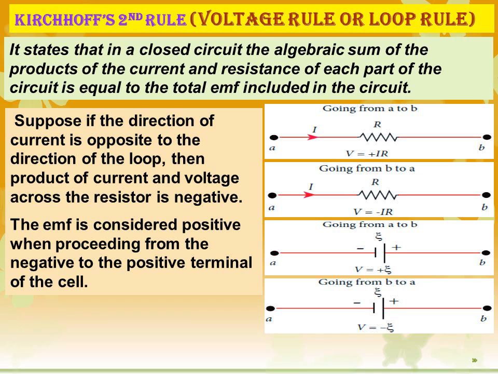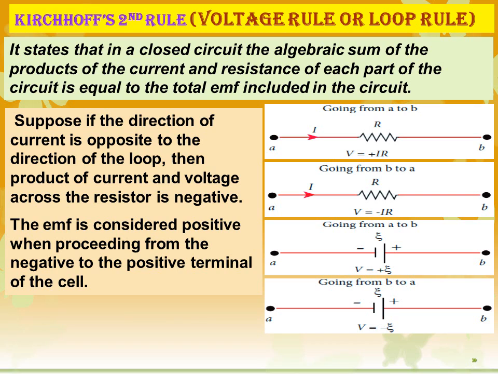That's why Kirchhoff's second rule states that in a closed circuit, the algebraic sum of the products of the current and the resistance of each part of the circuit, that means the resistance of the conductors of each and every room, is equal to the total EMF included in the circuit. They are concluded as a full circuit after the connections, but between the rooms the requirement and the passage of currents are different.